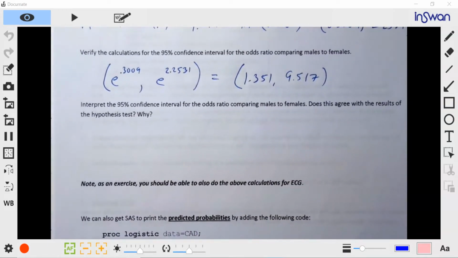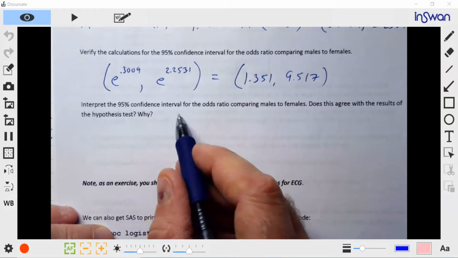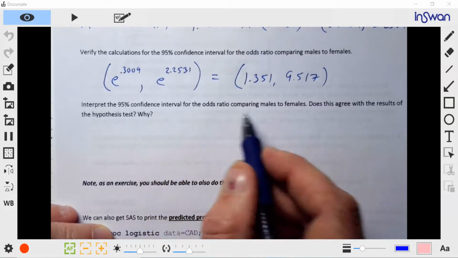Now, interpret the 95% confidence interval for the odds ratio comparing males to females.